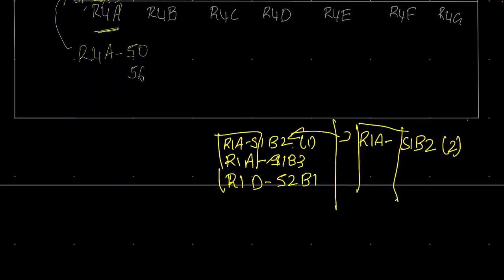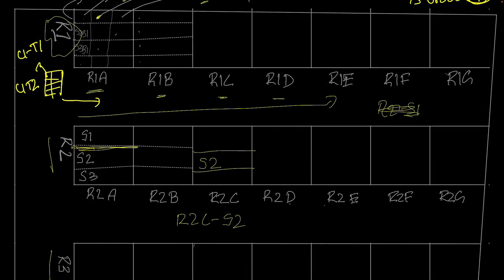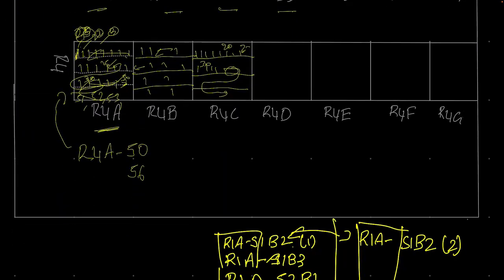So I'm actually fulfilling multiple orders. I'm picking items from multiple orders at the same time, and I'm putting them in separate totes so that they're not getting mixed up. So now I have one item, I have one product in C1 T1, and I have 2 products in C1 T2 for the second order, right?